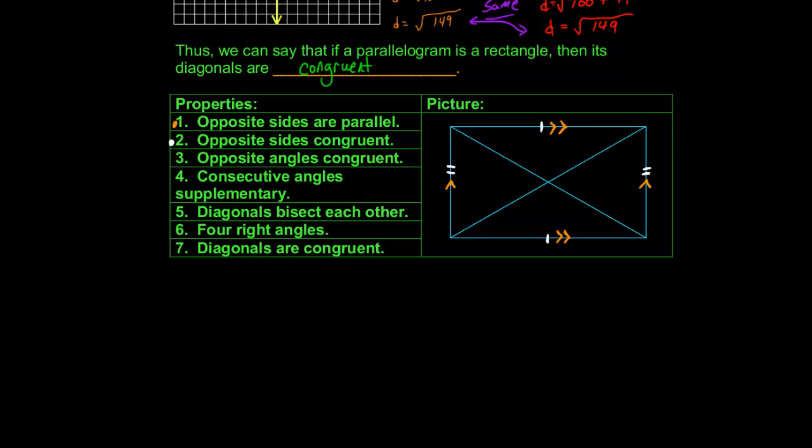Alright. Let's see. What else do we know? Another color here. Opposite angles are congruent. So opposite angles are congruent here and here. This is just, if you remember, the definition of a parallelogram. We have yet to get to anything that's special about a rectangle. Everything that we're doing so far is the exact definition of a parallelogram.